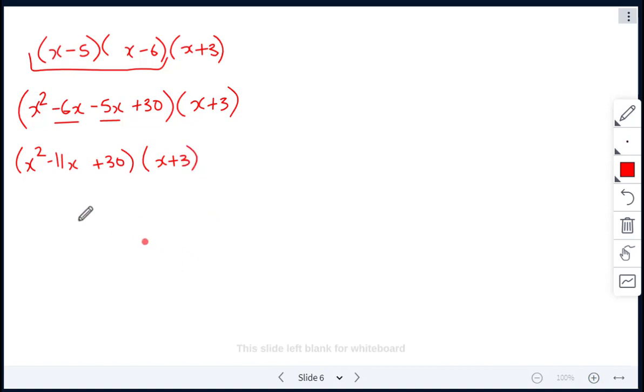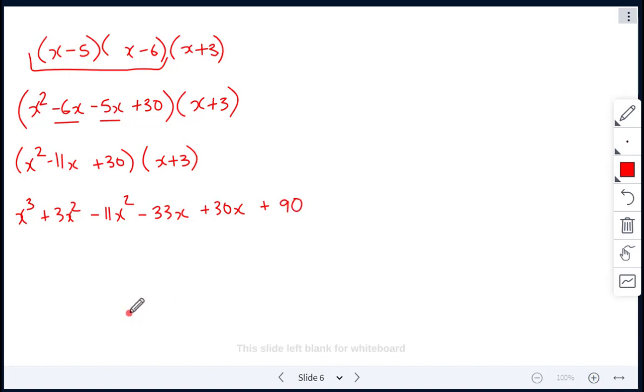Okay, so x squared times x, which is x cubed, x squared times the 3, which is positive 3x squared, and then we have the negative 11x times x, which is negative 11x squared, negative 11x times the 3, which is negative 33x, then 30 times x, which is positive 30x, and then 30 times 3, which is positive 90.